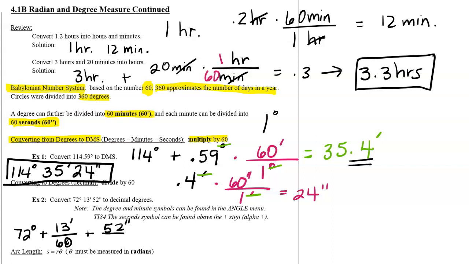Well, you remember that there are 60 seconds in 1 minute and 60 minutes in 1 degree. So you're going to have to divide by 3,600, which is 60 times 60. Do that and you will have your decimal degrees, which is 72.231 degrees.